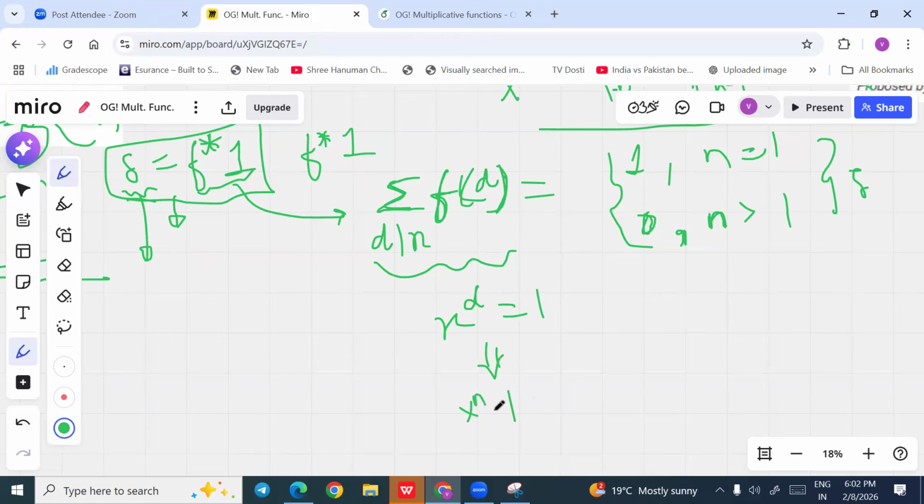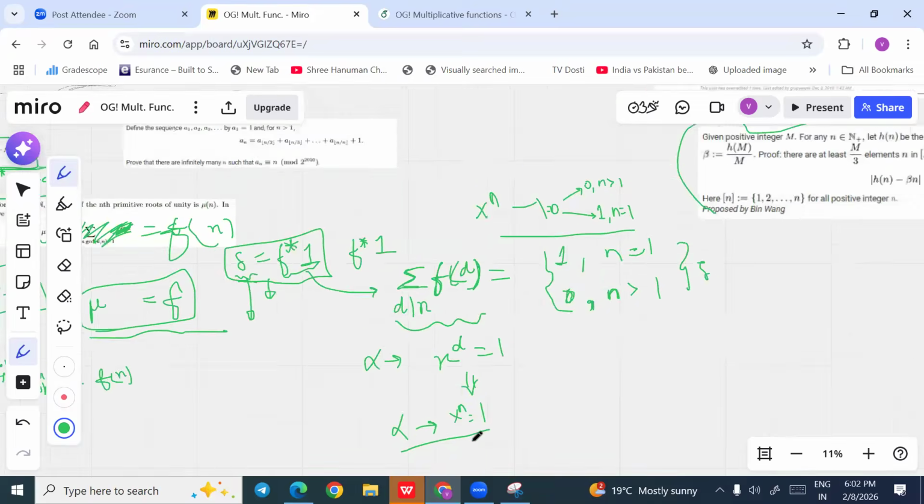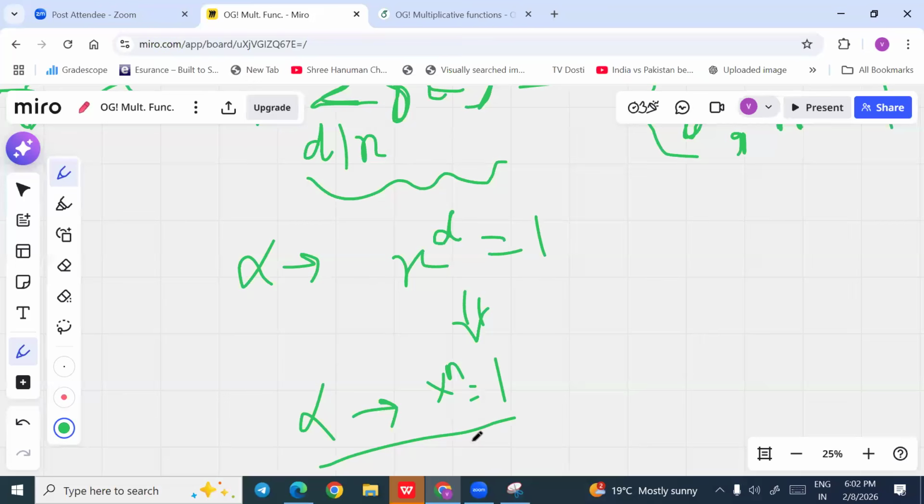Since d divides n, you can just put to the power. If alpha is a primitive root of unity of this, then alpha is an nth root of unity. Not primitive though, but okay. Right? Yes.